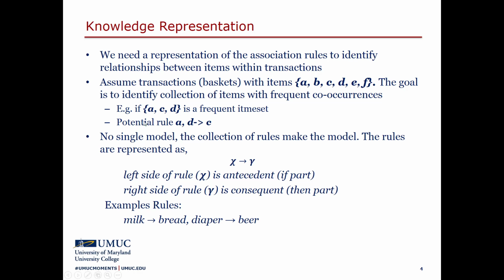Okay, in this example, for instance, if we determine A, C, D to be a frequent item set, again, that is formally quantified through the use of a threshold value for the support metric, which we will cover in upcoming slides.